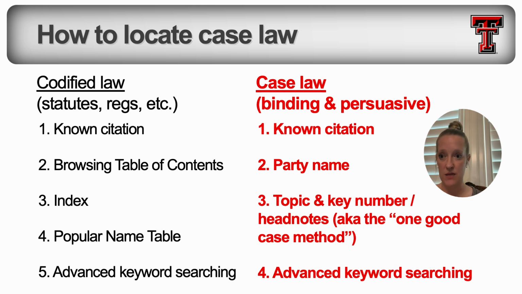And then finally, as we talked about with codified law, we can also use advanced keyword searching. So not only our standard search bar tool, but also looking to those advanced search functions on either website. Again, we can use different types of Boolean terms and connectors to piece words and phrases together in certain ways, using quotes for particular phrases, using all different types of terms and connectors, root expanders.